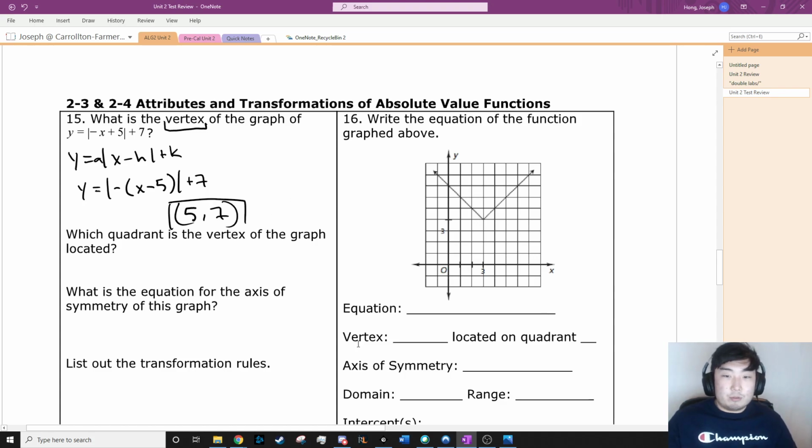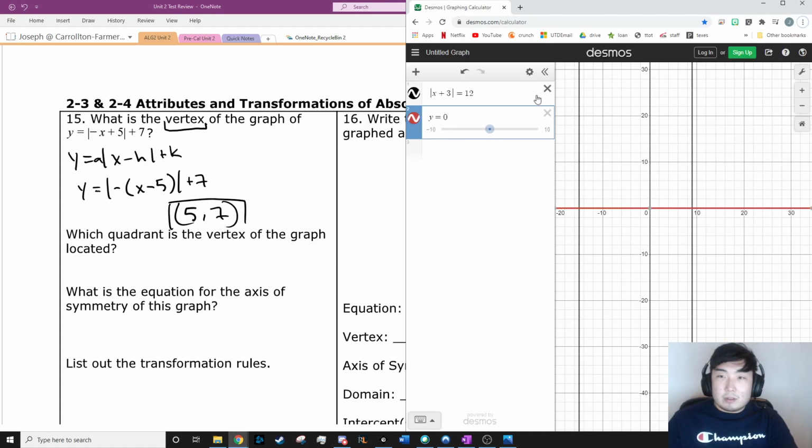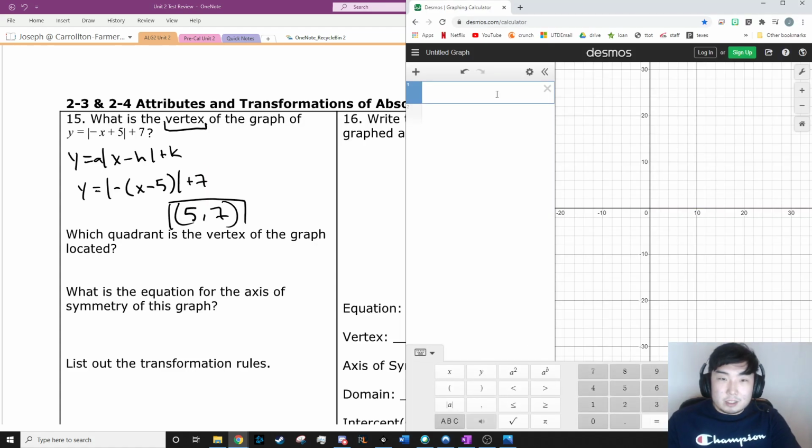Let's see if Mr. Hong understands what he's doing, because Mr. Hong can still make mistakes. Y equals absolute value of negative x plus 5, plus 7. Oh, look at that. The vertex is (5, 7). Nice. Just know that the vertex is like the point where it turns significantly.